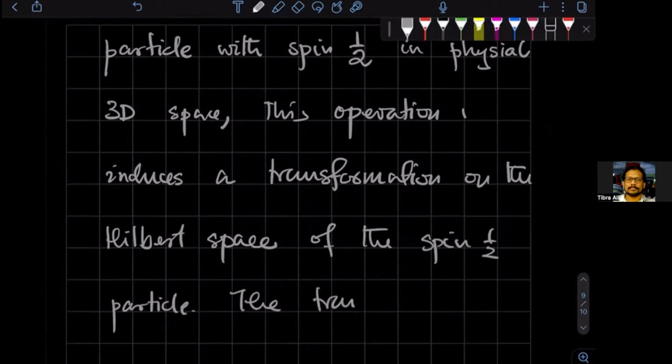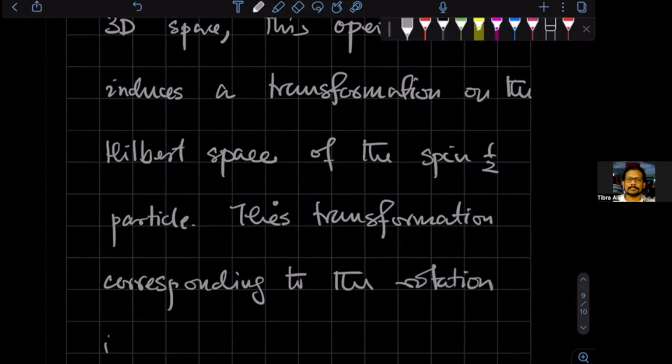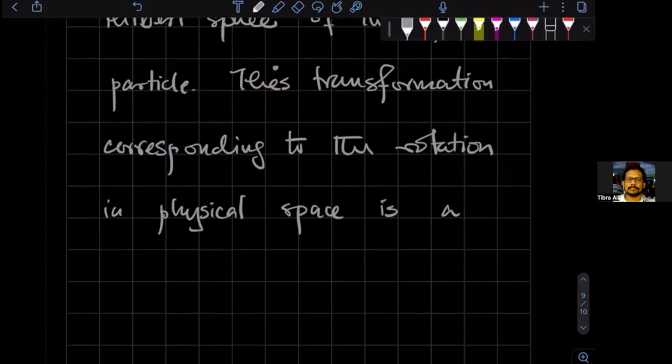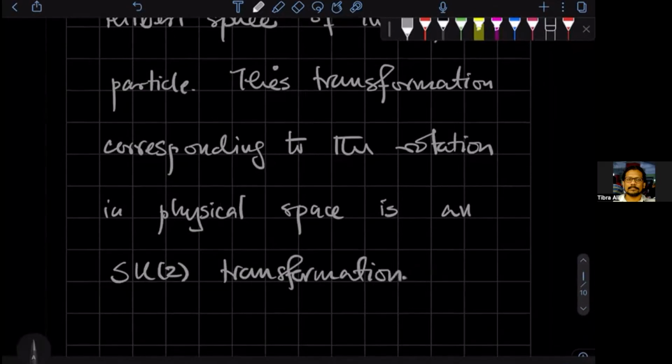The transformation corresponding to the rotation in physical space is an SU2 transformation. Okay.